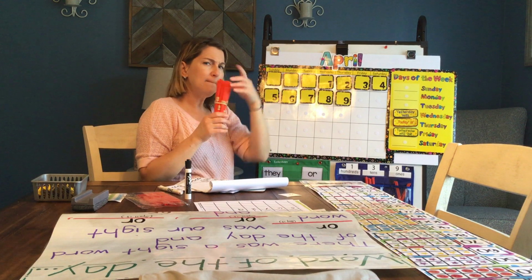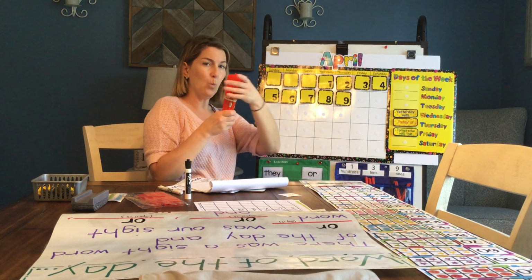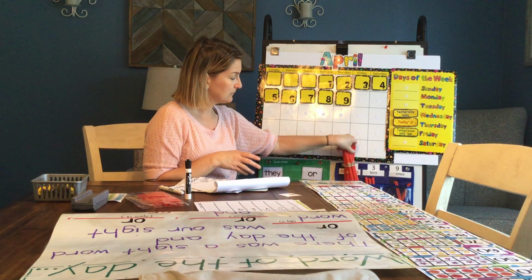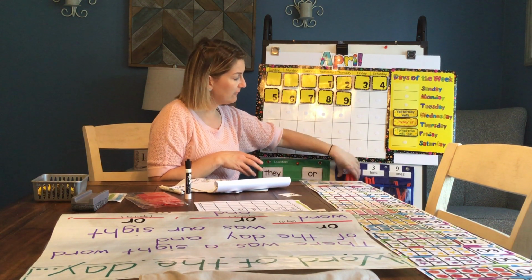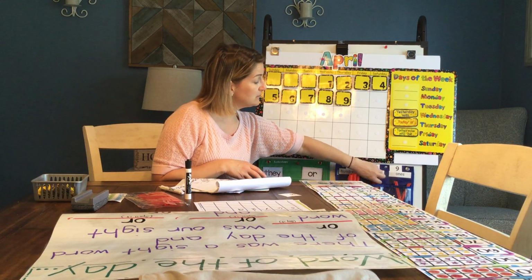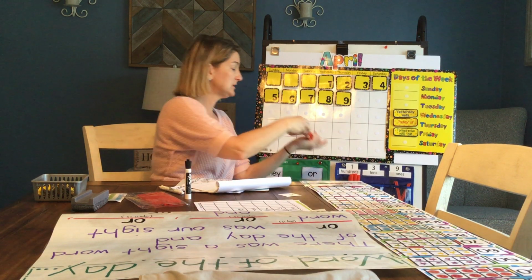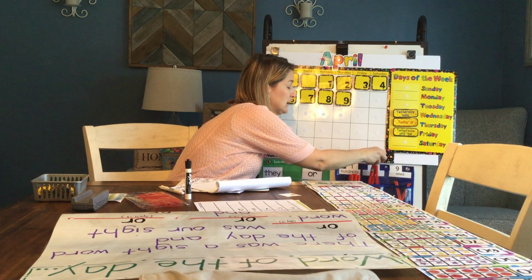Okay, let's talk about our straws. We've got one big bundle of 100 for 139. How many 10s do we have? We have 3 bundles of 10. 1, 2, 3. So we have 3 10s for 139.